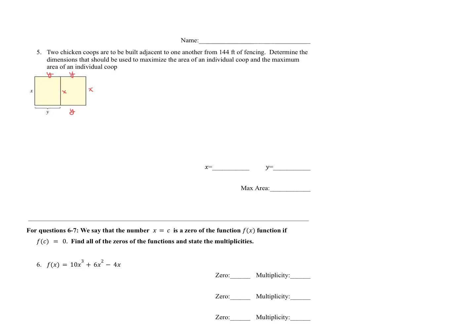So if we start adding them up, we'll notice we have a total of 3 of the X's, and we have a total of 4 of the Y's. That must make 144. Now what we want to do next is maximize the area, which means, of course, we need to find a formula for the area.